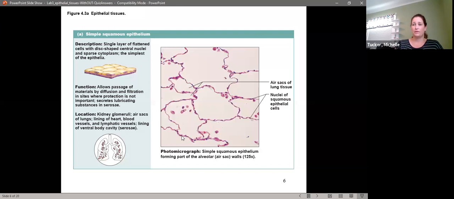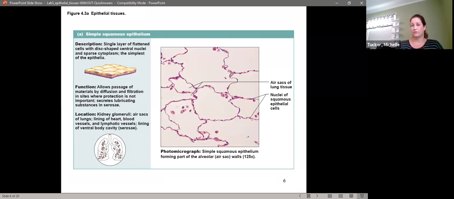For both the quiz, which is next Thursday, and the lab exam, which is in 2 weeks, you'll be given a slide like this, and you'll need to identify: is it an epithelial tissue? Is it a connective tissue? Which epithelial or connective tissue is this? So this is simple squamous epithelium. And then where would you find it? This one is found in the lungs. You do not need to know specific functions.